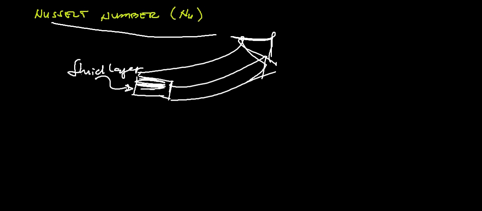So it only shows the enhancement of heat transfer as a result of convection relative to the conduction, right? This fluid layer is in contact with each other, and the Nusselt number only represents that enhancement of the heat transfer through this layer as a result of the convection relative to the conduction across the same fluid layer.